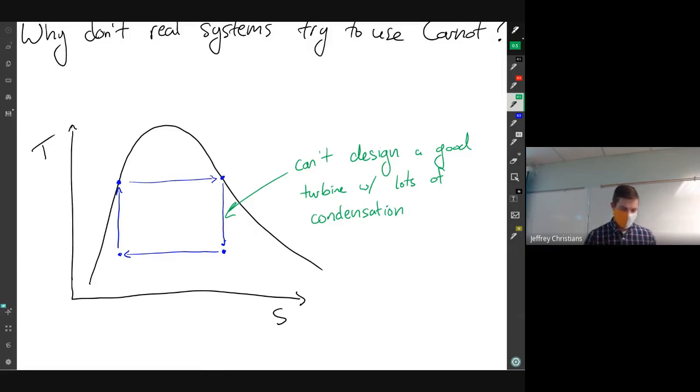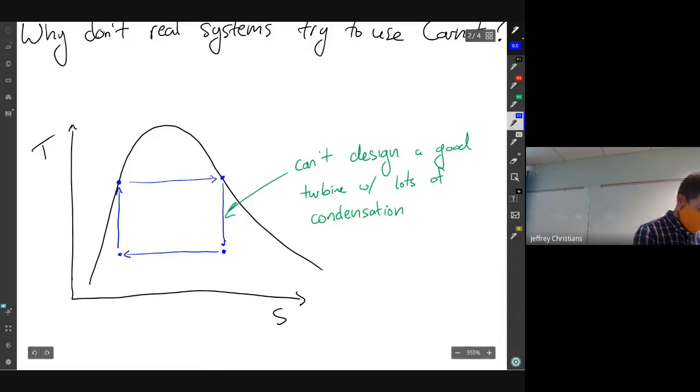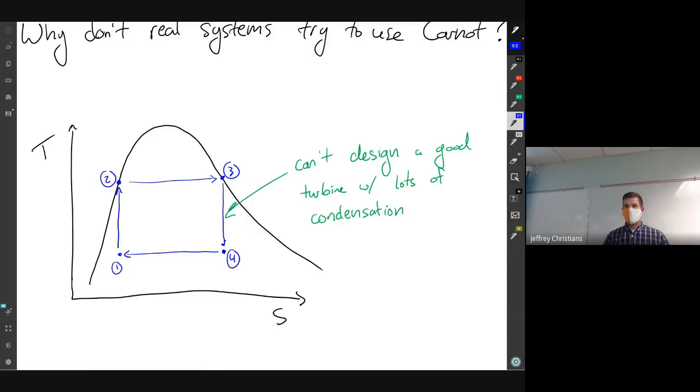Okay, so now I guess I can put some numbers on this so it's a little bit easier to talk about. As we go from 4 to 1, that's a condenser.